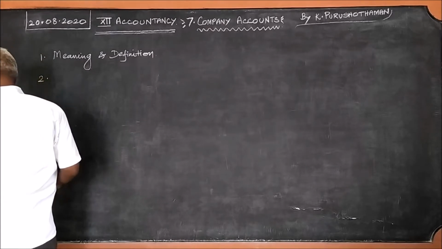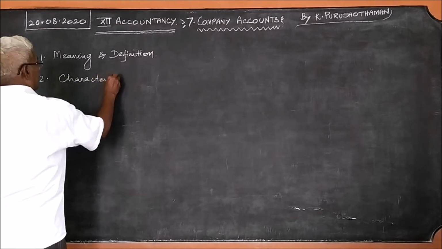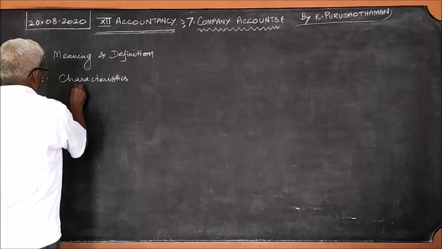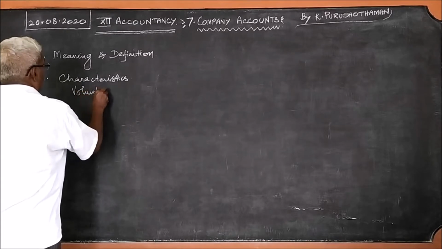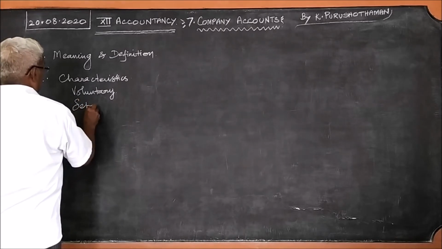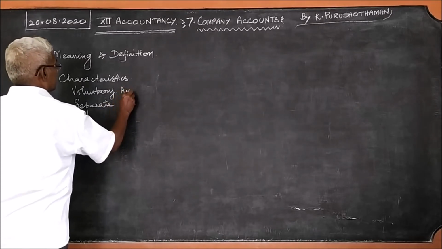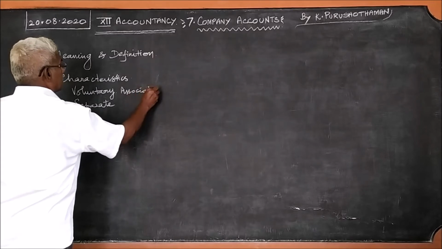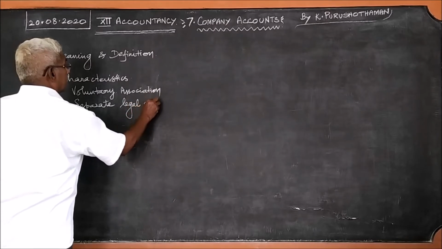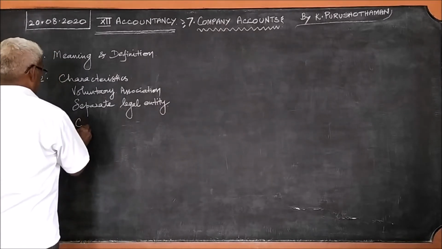Number 2, characteristics. Under it: this is a voluntary association, a separate legal entity, and a common seal.